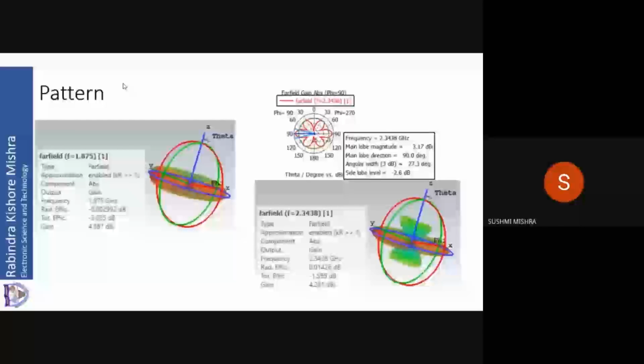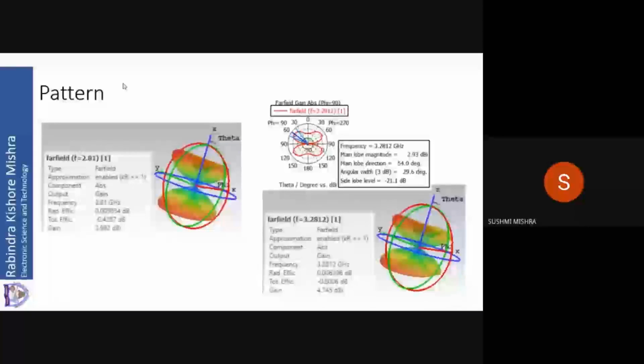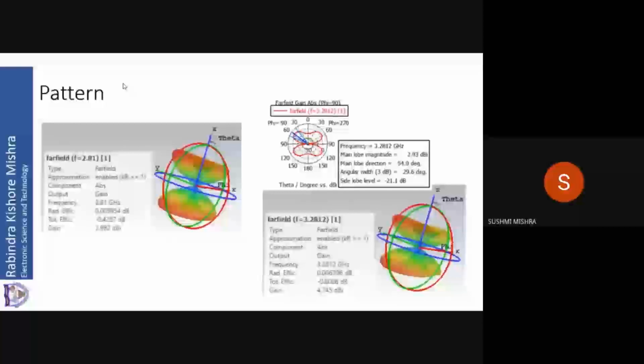Then we'll come to the next two antennas, which are 1.5 lambda and 1.75 lambda. The uppermost is 1.5 lambda, the lower one is 1.75 lambda. You can see the pattern is completely lost.